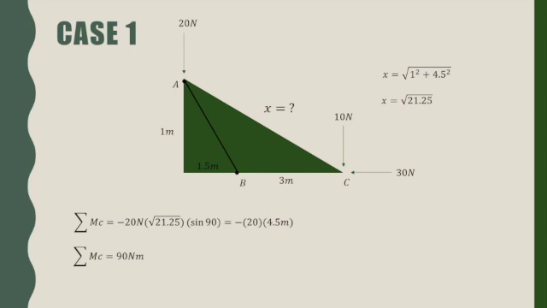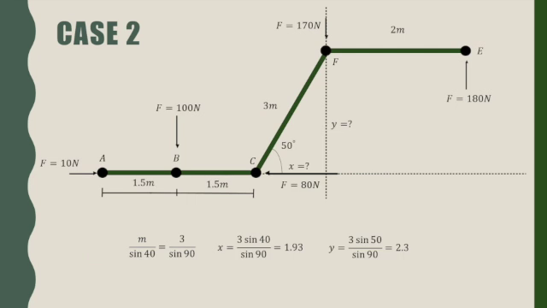Now my partner will use the principle of transmissibility in another, a little more complex system. In case 2, we have 5 forces in a plane. We will calculate the moment at each point of that plane.